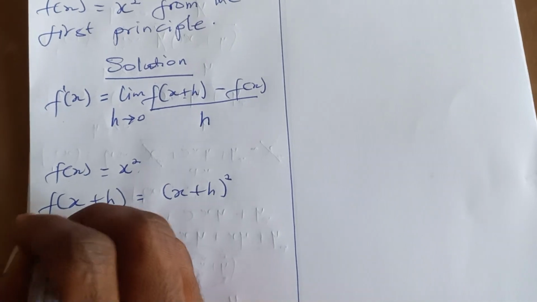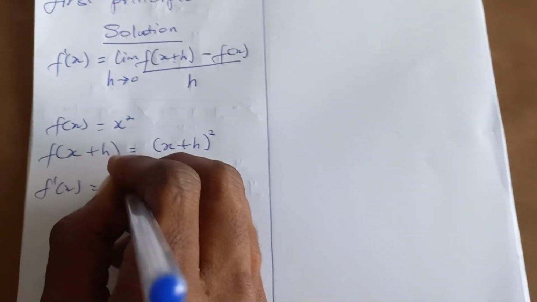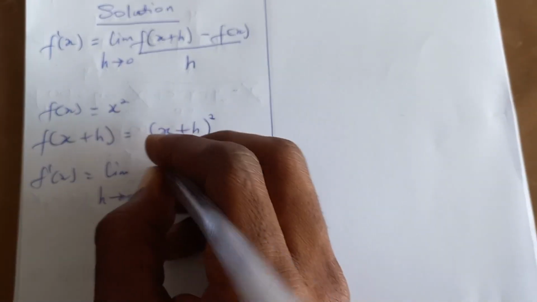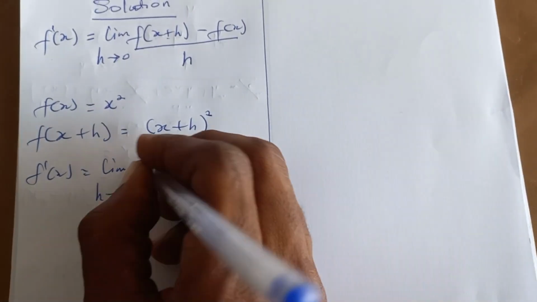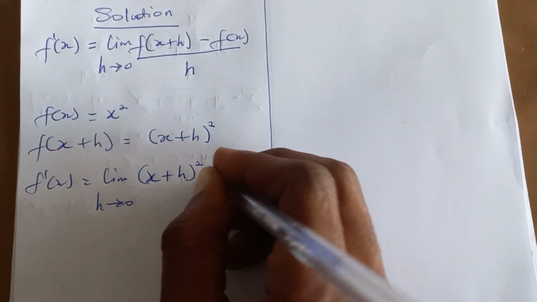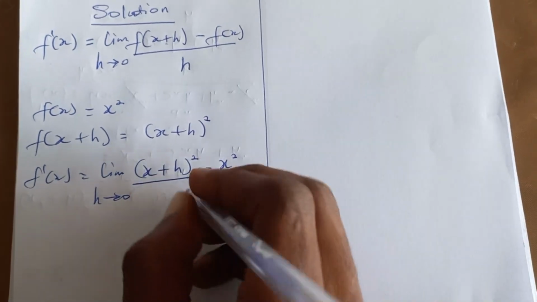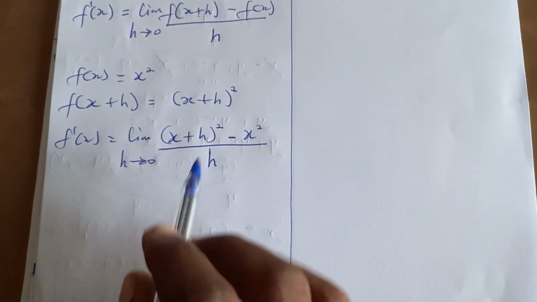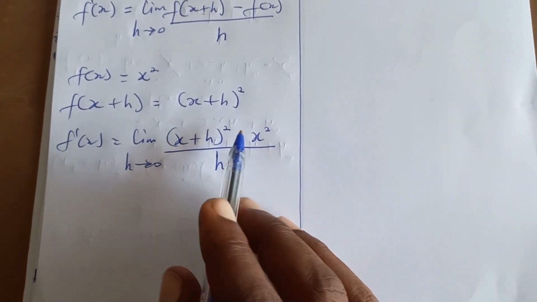So we are going to get f prime of x is equal to the limit as h approaches 0. So we get our f of x plus h now is x plus h all squared minus x squared all over h. So now we have to expand some terms here. Okay, so we can expand x plus h all squared.